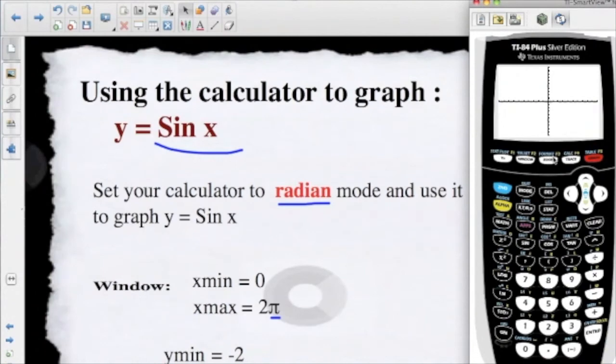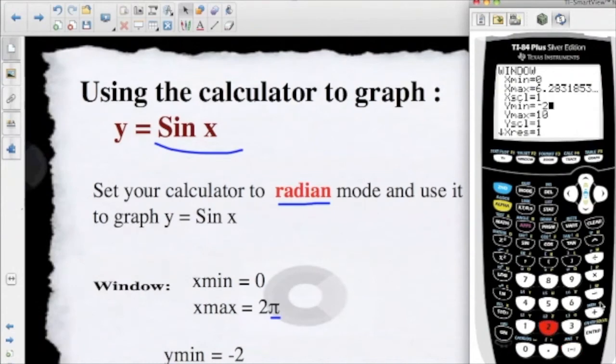Hit your y equals, and we're going to type in sin x, close the bracket, go to Window, and our window x is going to be 0 for our min, and for our maximum it's going to be 2 pi. Then just keep the scale at 1, go down, down, and we have negative 2 and 2 for our range.